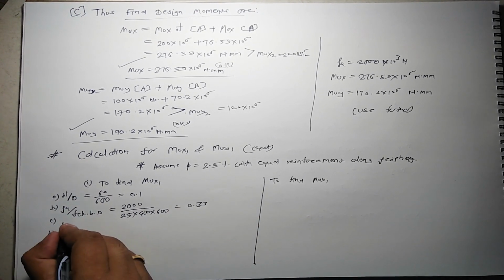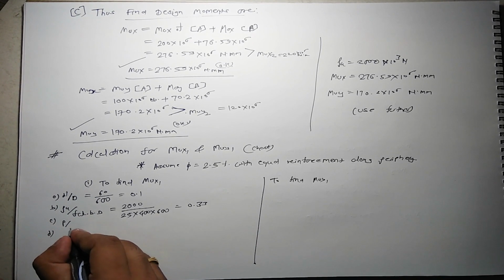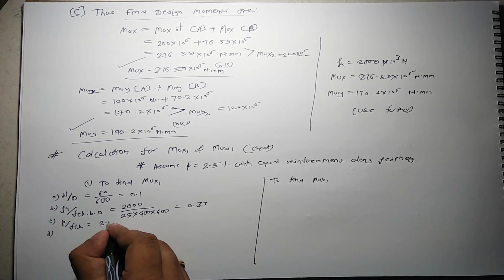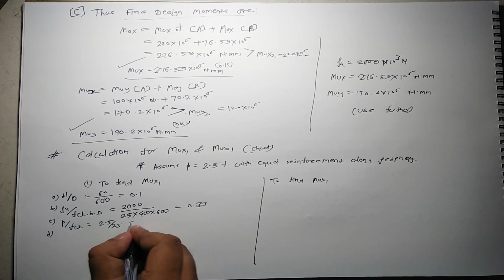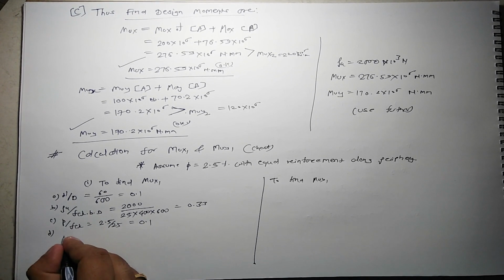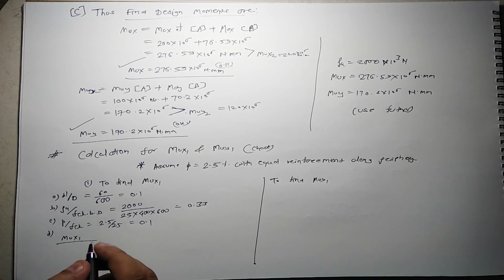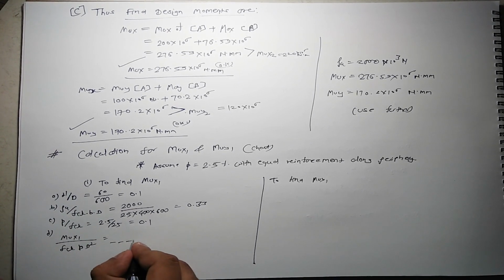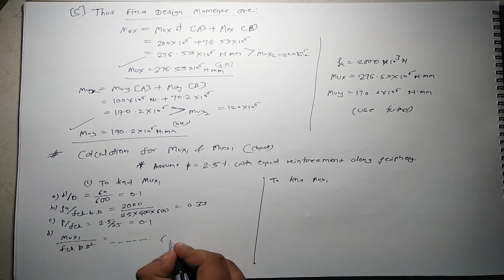Now again the percentage: 2.5 by 25, it is coming to 0.1. And finally we require this value Mux1 by fck bD square. This value we need from the chart.